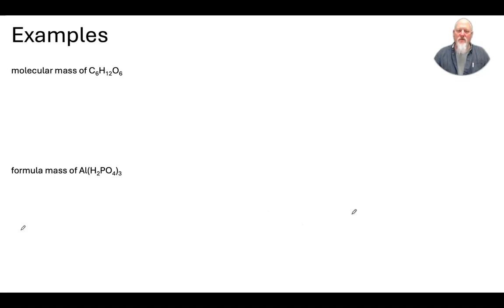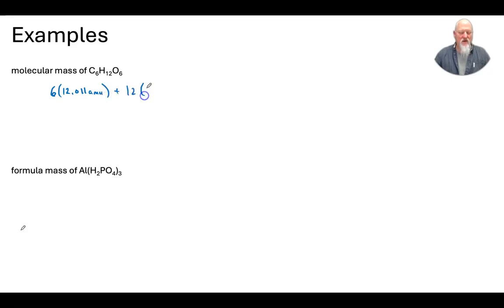A couple more examples. C6H12O6, glucose. It's covalently bonded together, so we're going to be coming up with the molecular mass. So we need 6 carbons. Carbon is 12.011 AMU.